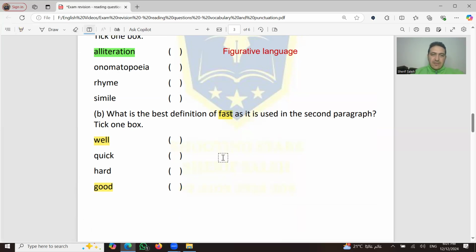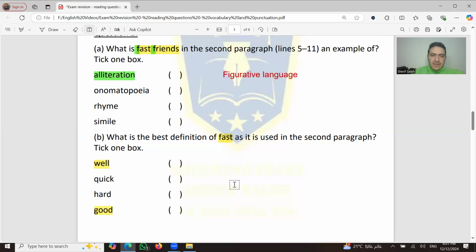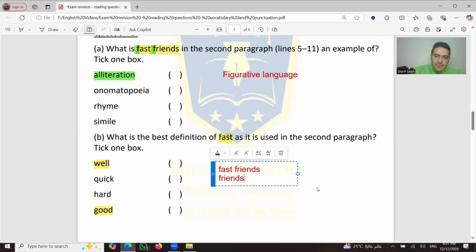And the answer here is also based on your previous knowledge. Now, in this phrase, fast friends, I know that the word friends is a noun, and fast here describes the word friend. So I know that the word that describes a noun is an adjective. So fast here should be an adjective.